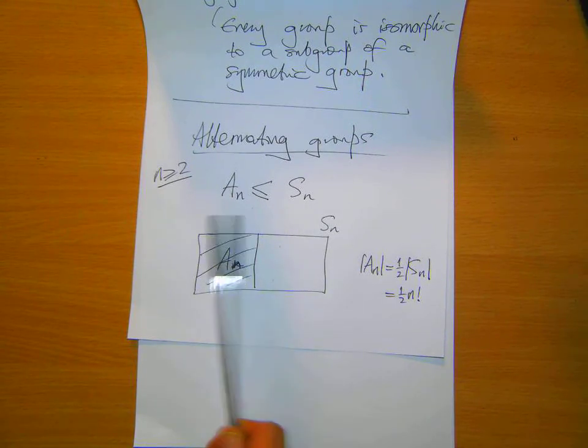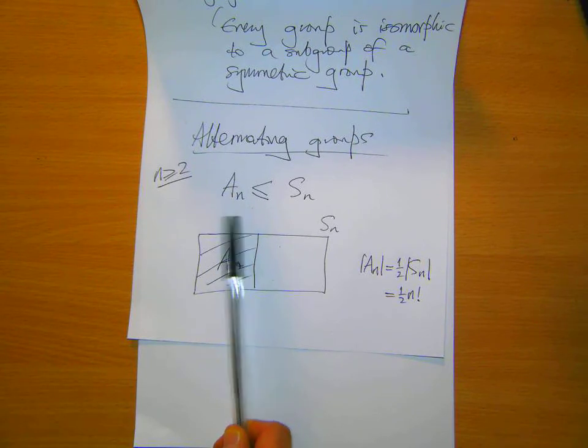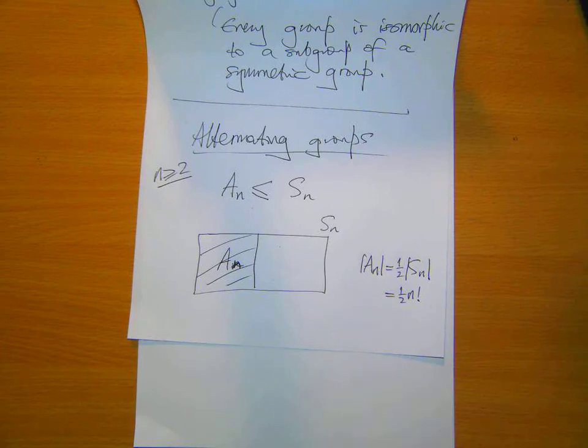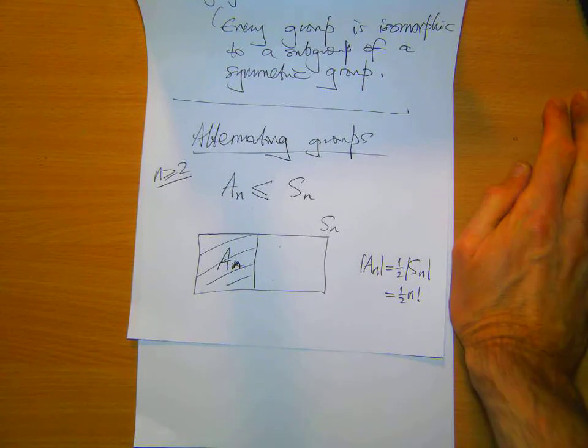And basically, the way you construct An is you think about 2-cycles, cycles of length 2, and another word for those is transposition. And it turns out, as we'll see, you can write any permutation as a product of 2-cycles.